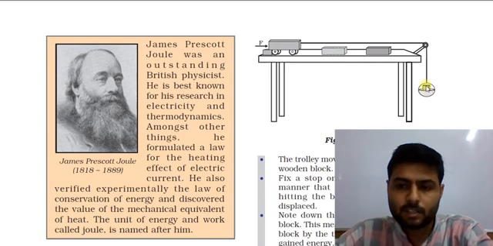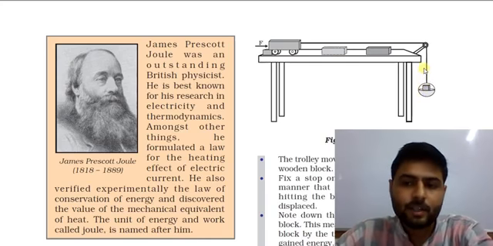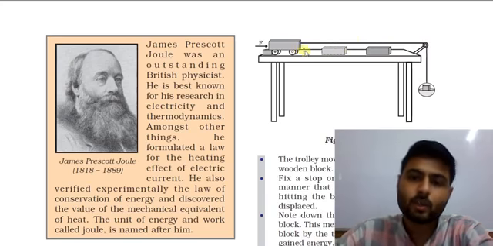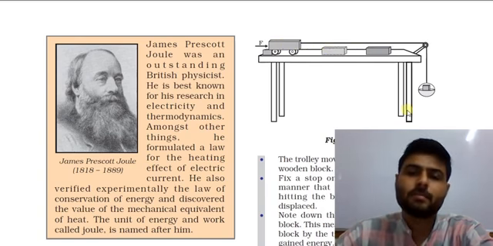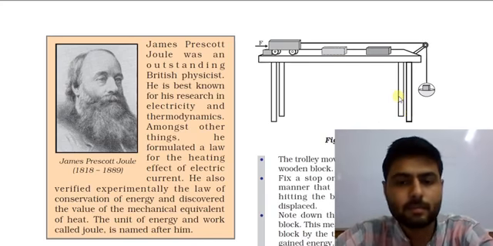So this mass moves downward, and this thread moves downward. Due to this, the downward force is transferred through this string to this trolley. And this trolley moves horizontally on this table.